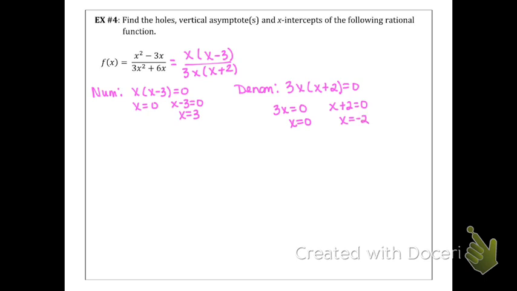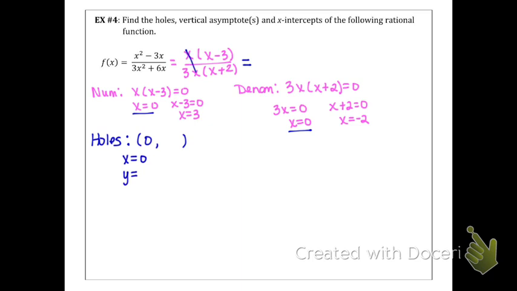All right. Now, it tells us that we have holes. If a 0 is common in the denominator and the numerator, you have a hole. So, do I have anything in common here in both of these? I do. They both have x equals 0. So that means I do have a hole at 0, comma, some number. Okay, now to find that number, so we know our x is 0, we need to plug our x into our equation and solve for the y. But you've got to do it in its simplified form.